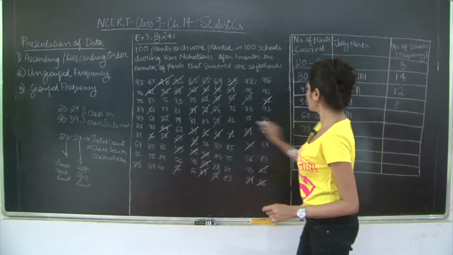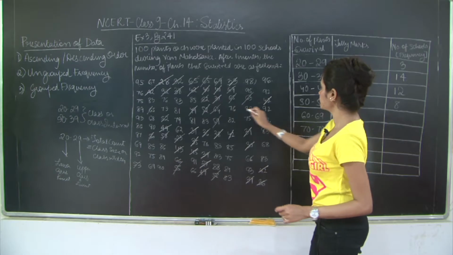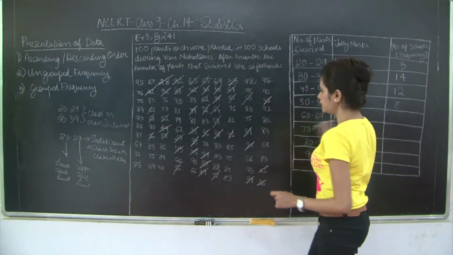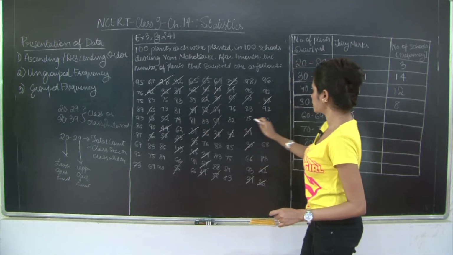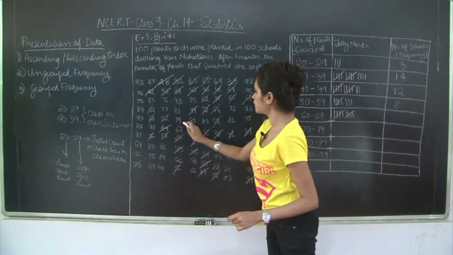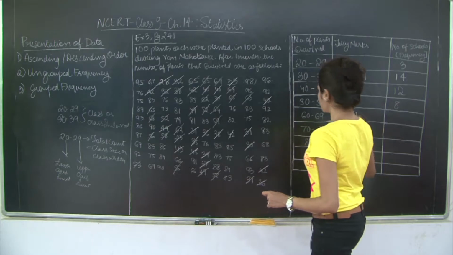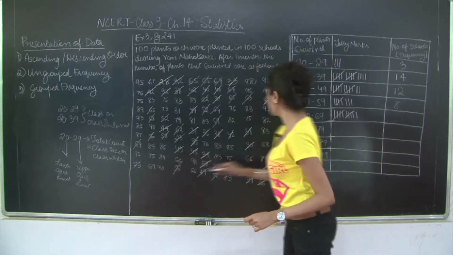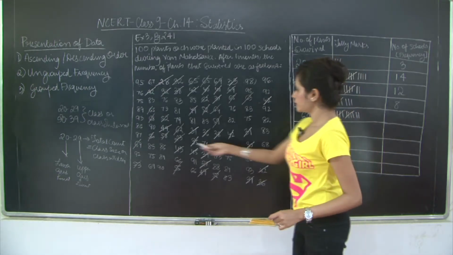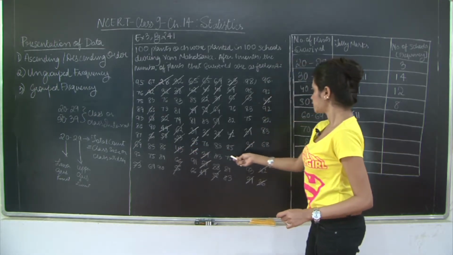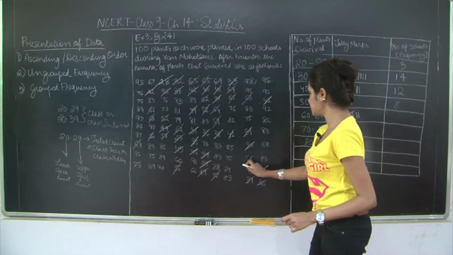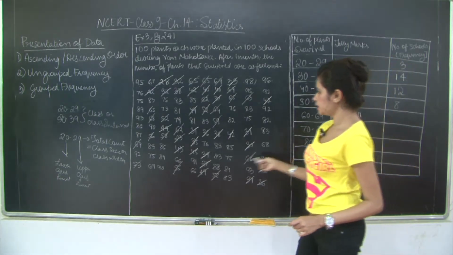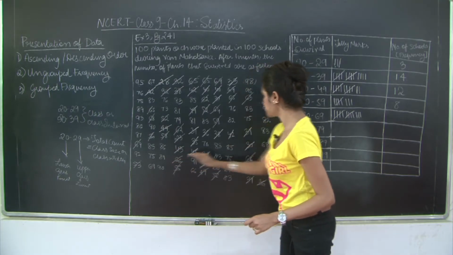Then you have 64. So another one. Then you have another one here. So 5. And 62. So you start again with the new group of tally marks. And you have 69. And 66. Then you have 66.